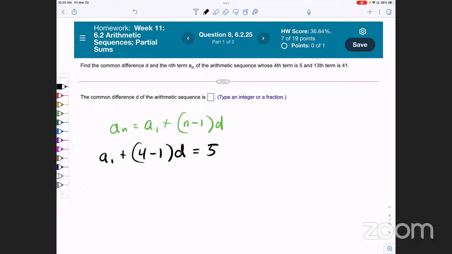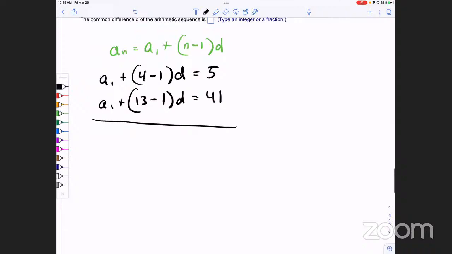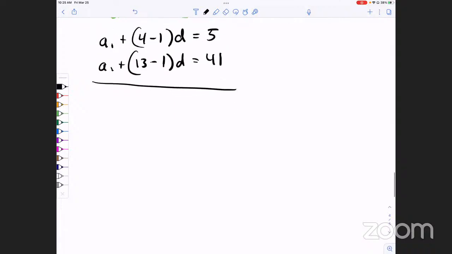And then when n is 13, the output is 41, right? So we have two unknowns and two equations, so we can solve. Let's simplify each equation. 4 minus 1 is 3.